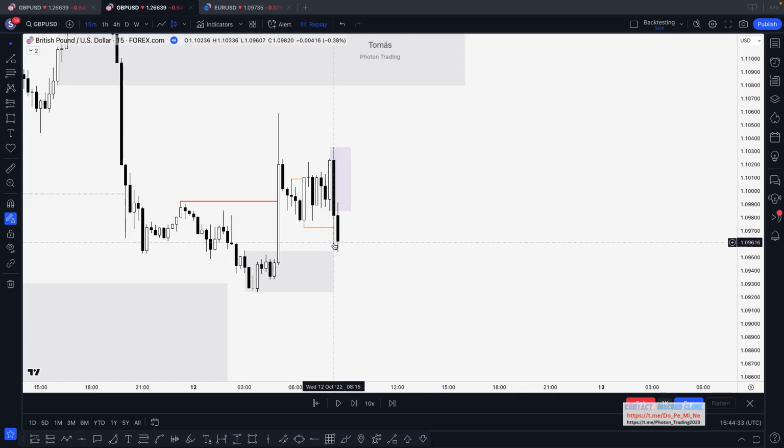You can see that price pushed up during the weeks, right? Push up, mitigate the PBL and push back down. I know that price never closes below. So if you are using body closure to see if the PBL made its job, in this case, you could still try to get involved because this candle never closed below this one.